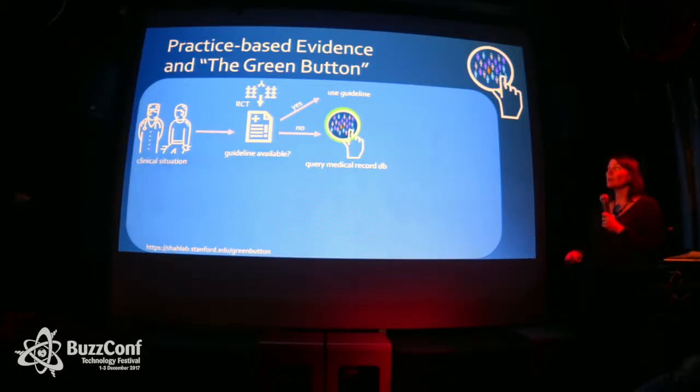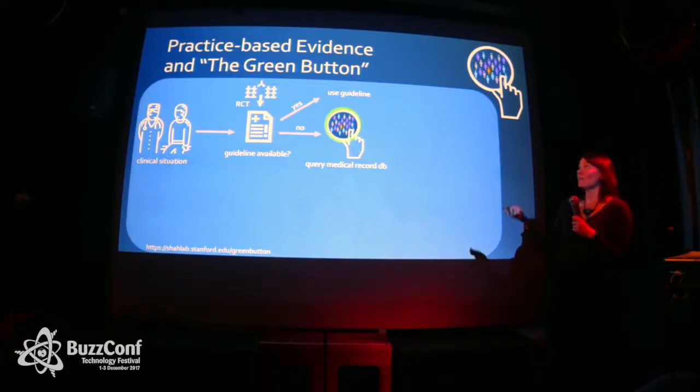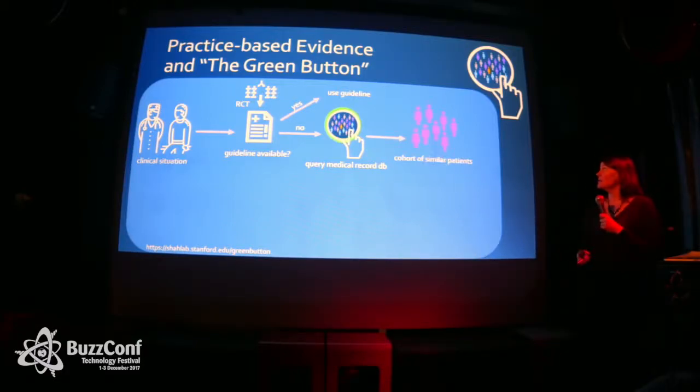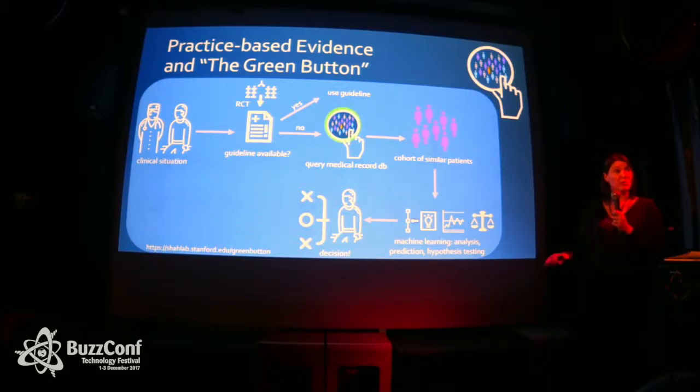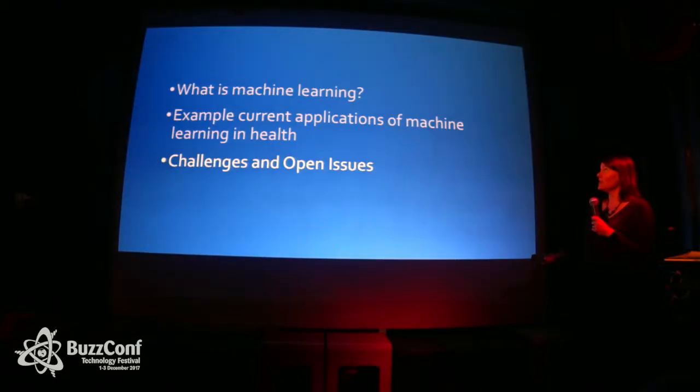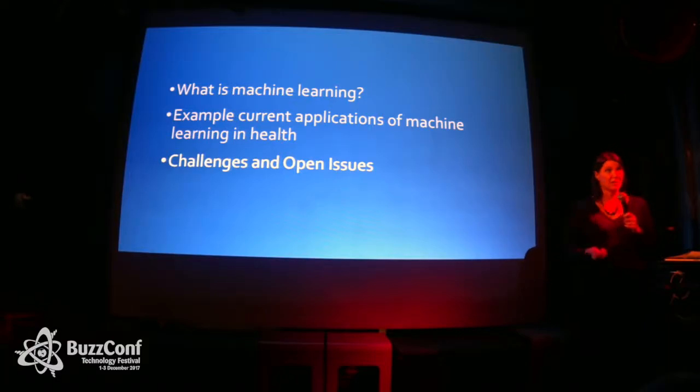And so then we can go into that medical record database, find the patients like mine, identify those similar patients, and do some analysis and prediction on what kinds of treatments are likely to most benefit Miss Orange. So we can use that concept to make a decision.